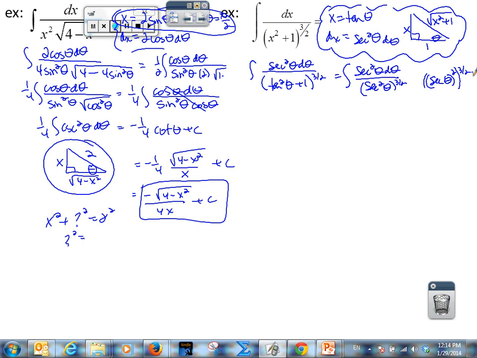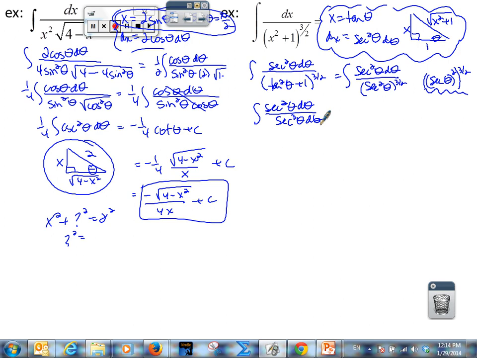So when I simplify that, the radical is gone, right? The 2's cancel. If you look at this, 2 times 3/2 is 3. So it simplifies to secant cubed on the bottom. So we have the integral of secant squared theta d theta over secant cubed theta.